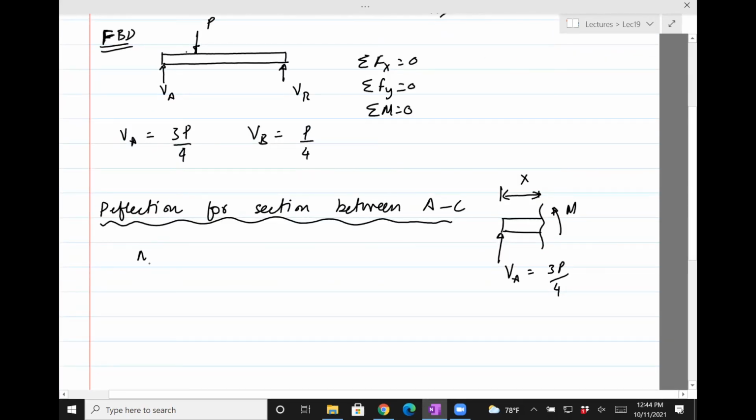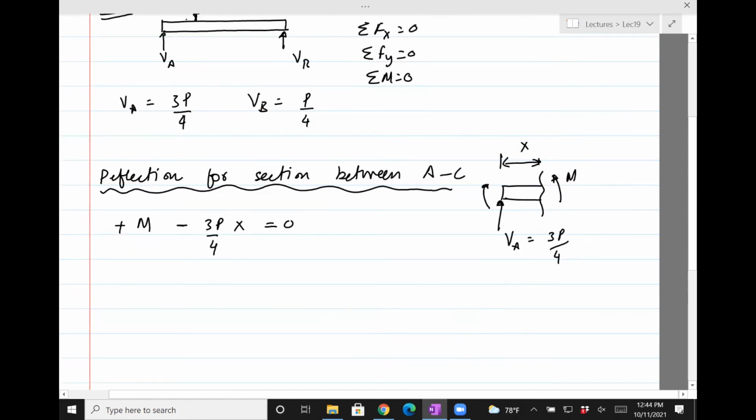Now again, M is counterclockwise, so it's positive. The moment due to VA is going to be this way, so it's clockwise: 3P divided by 4 times the moment arm, which is X. So we put a negative sign here. Positive for M, negative for the moment due to VA, equals 0.